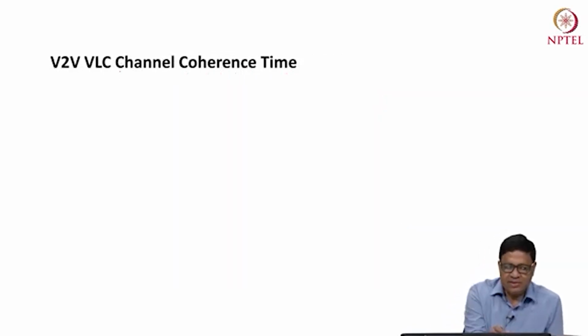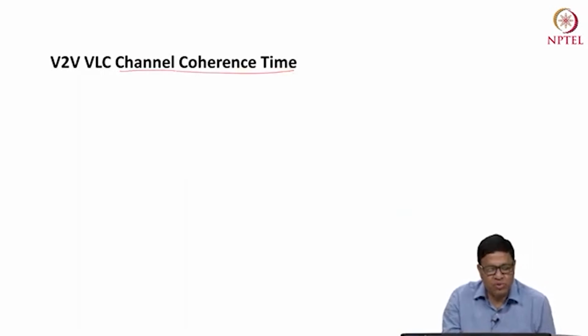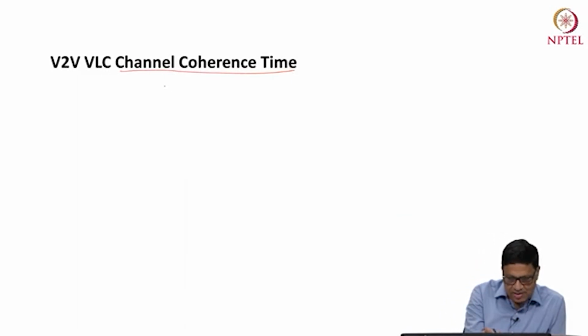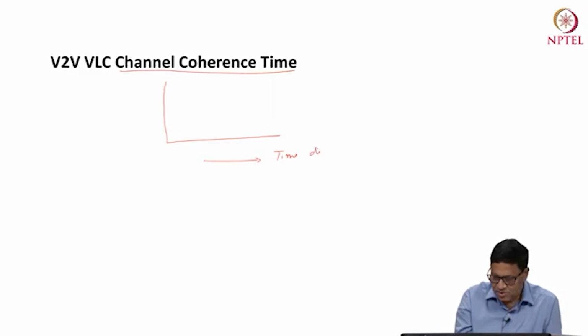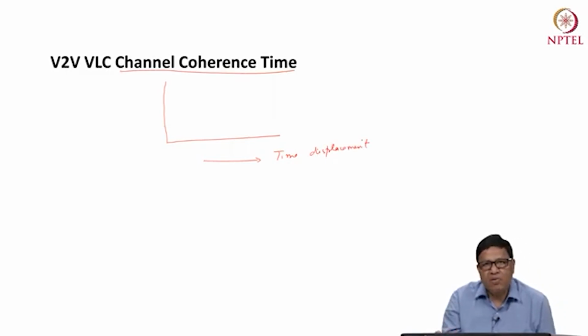And if I look at the coherence time, the V2V VLC channel coherence time, let me first plot a curve between, say, this is the coherence time or the time displacement. So this basically tells you how long the channel is constant, what is the duration in which the channel characteristics are the same.